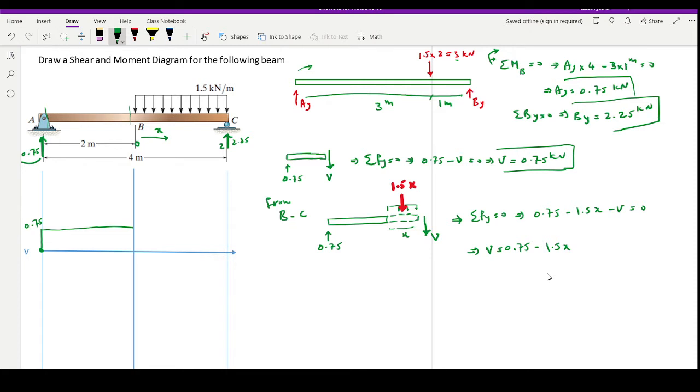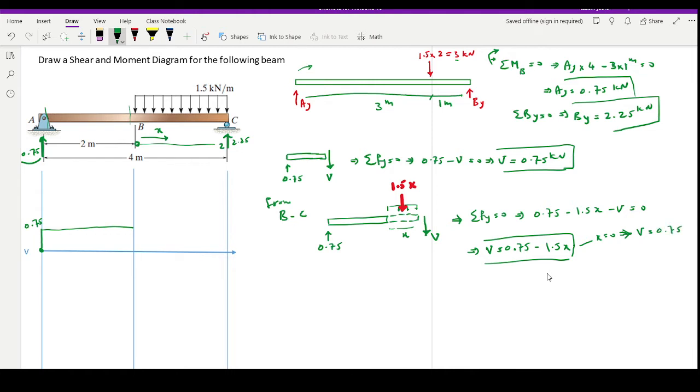Now, this is the equation for my V for the segment that is between B to C. Now, if I put values for x from 0 to 2, I can know how much V is in this segment. Let's start with putting x equal to 0.